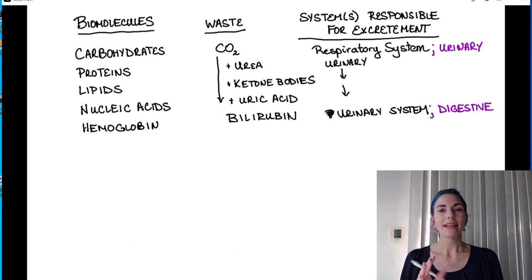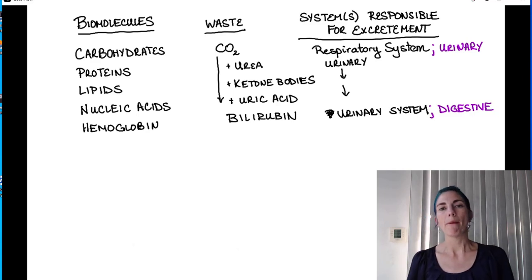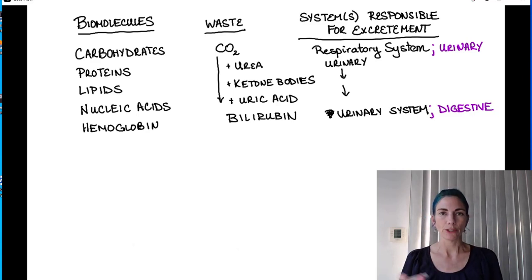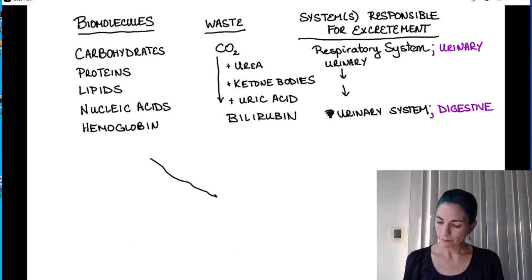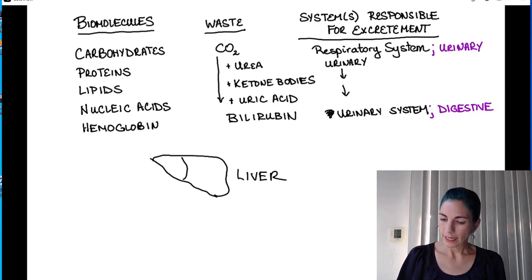All right, let's take a look at hemoglobin, bilirubin, the liver, and these two systems. So the liver, there's my liver, is going to be very bloody. You might remember that from anatomy. So it gets a lot of blood.